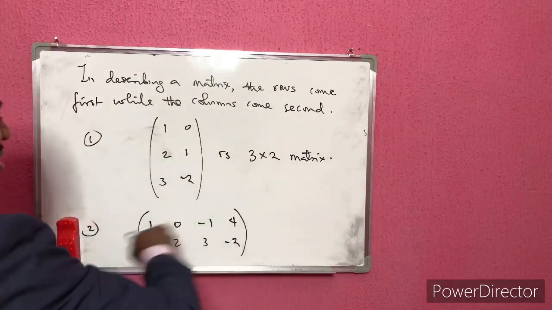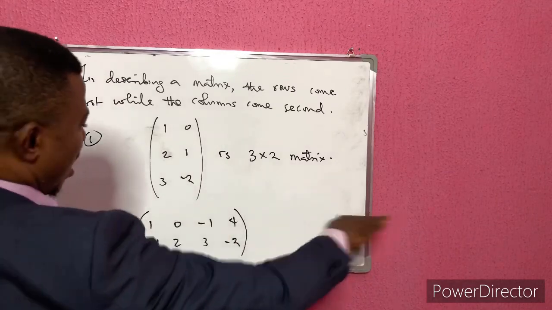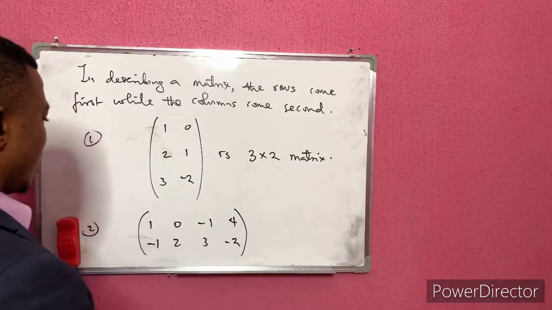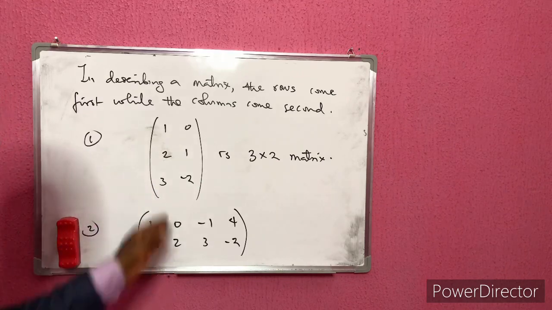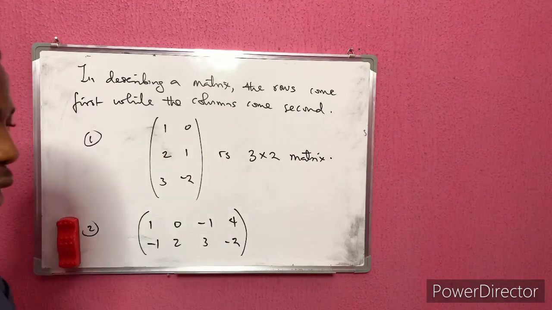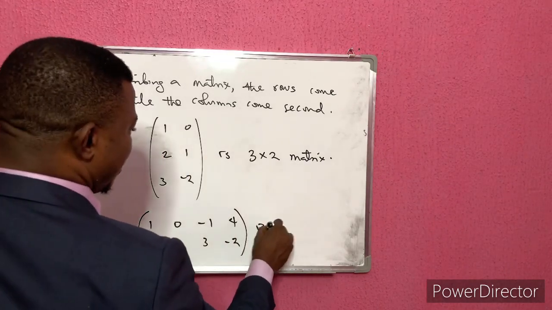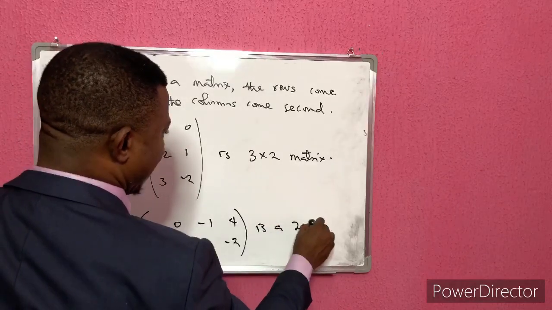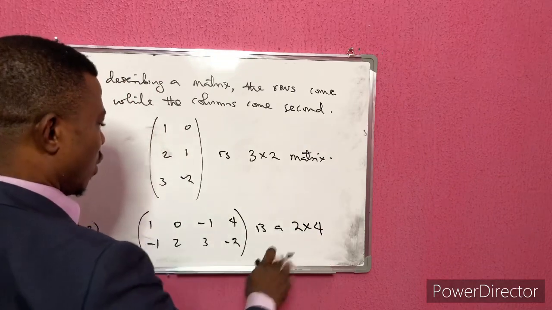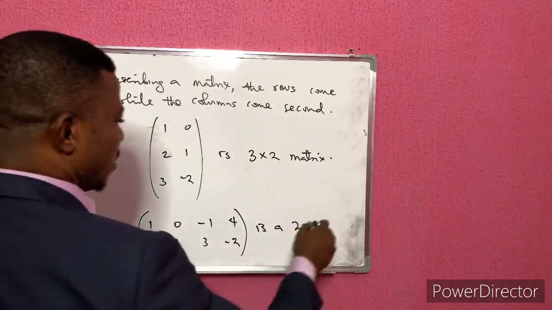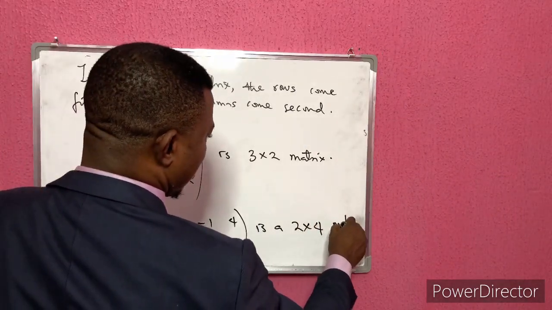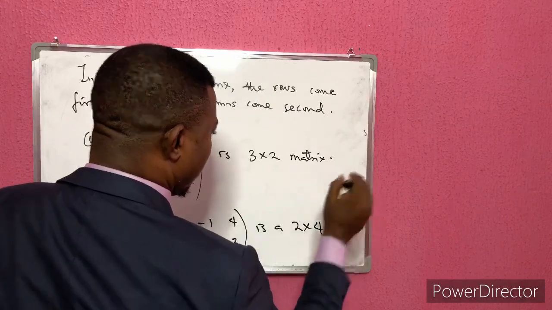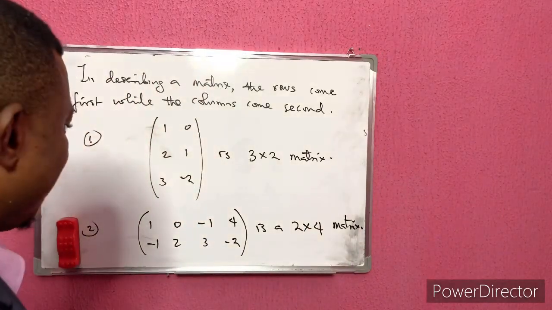How many rows has this matrix? It has 1, 2. 2 rows. How many columns? 1, 2, 3, 4. 4 columns. So this is a 2 by 4, meaning 2 rows, 4 columns matrix. Get that?